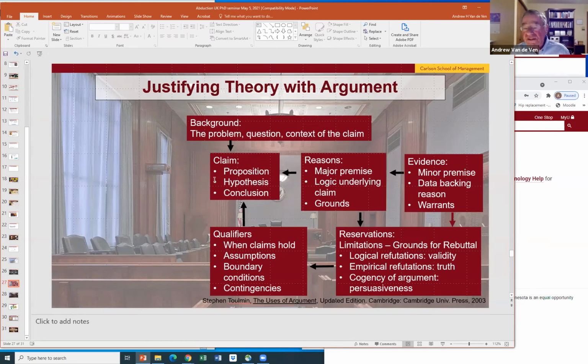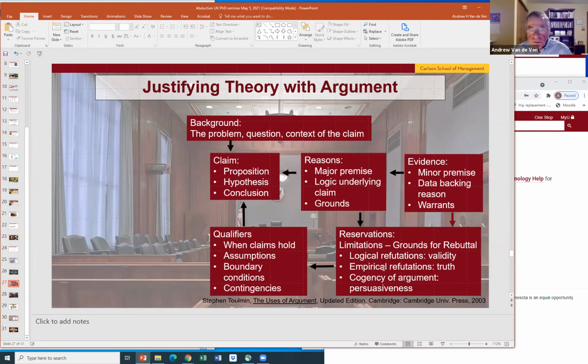It is the theory, which then gets explained by reasons. Your major premise, the logic underlying the claim, supported with evidence, the minor premise, the warrants. Now, all reasons and evidence can be refuted on several grounds. The logic of the reasons may not be valid.